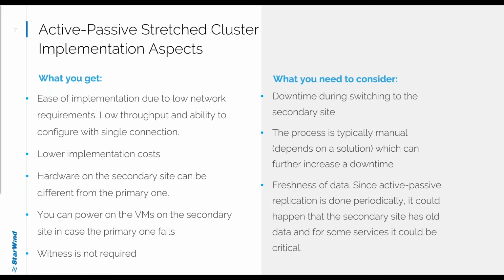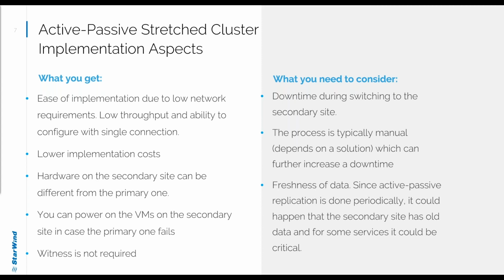Also, the largest con here is that you still lose some data depending on the replication frequency you set. Actually, the replication frequency will also depend on your dataset and throughput.